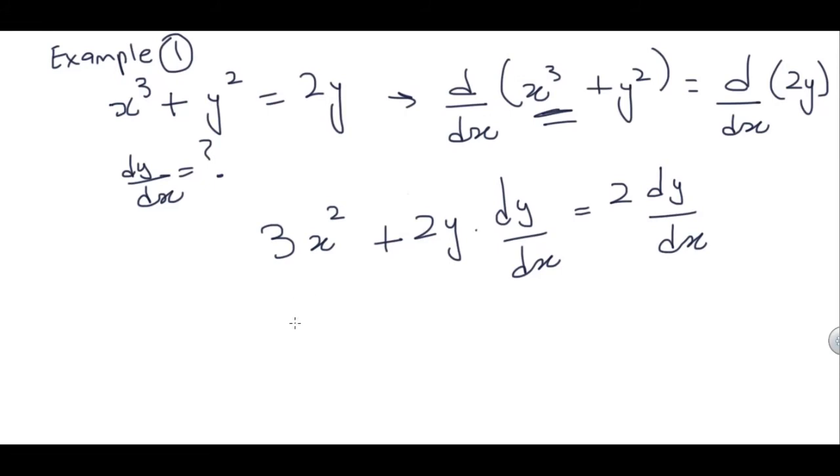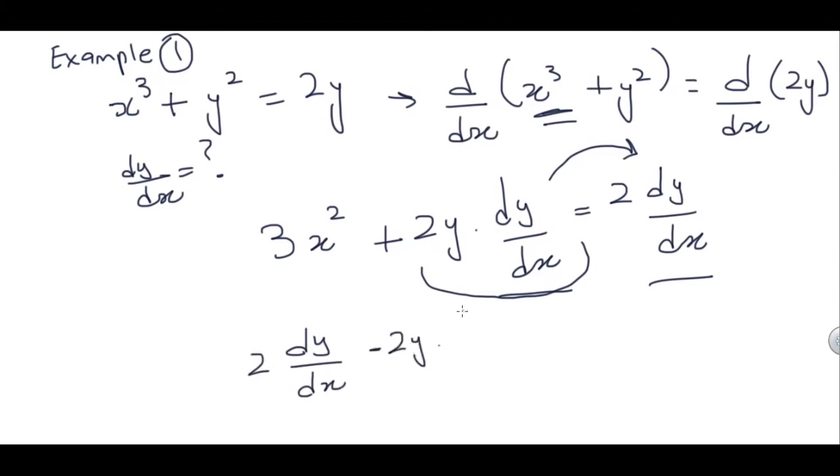Now what we actually have to do is separate dy over dx. So let's take this side over to the other side. What we will get is something like this: dy over dx times 2 minus 2y dy over dx equals 3x squared.